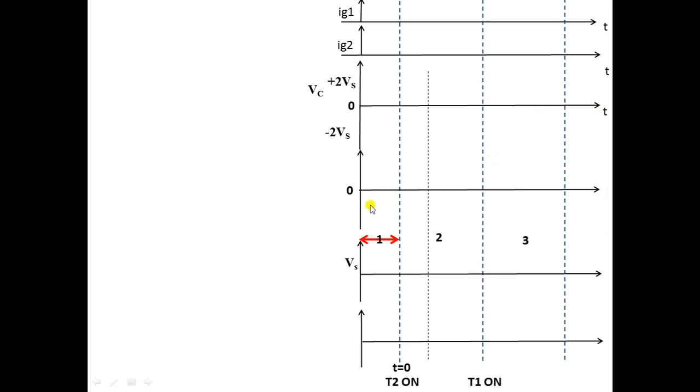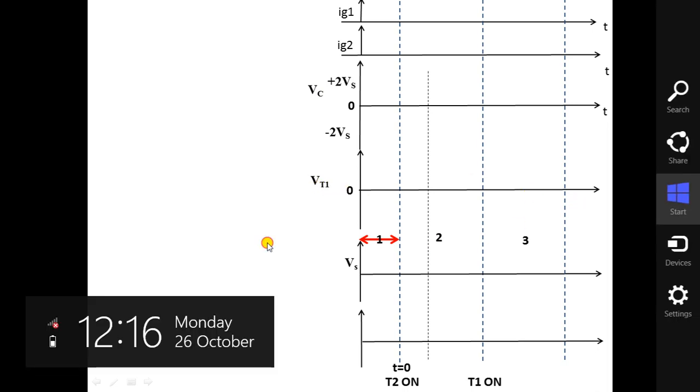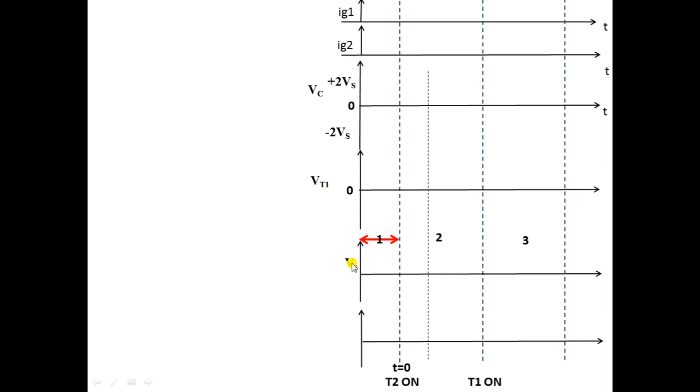This next waveform is to show voltage across thyristor Vt1 with respect to time. The next waveform is to show output voltage V0 with respect to time. And this last waveform here is IC, the capacitor current with respect to time.